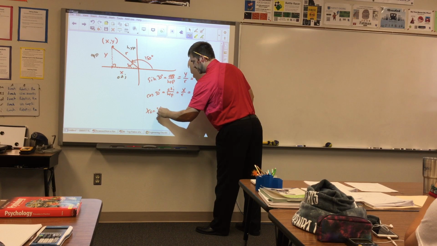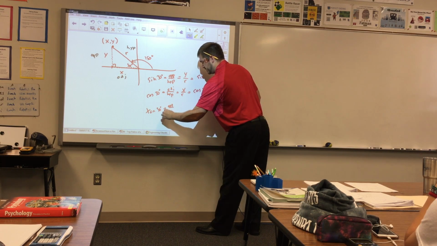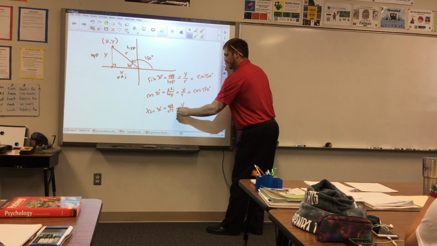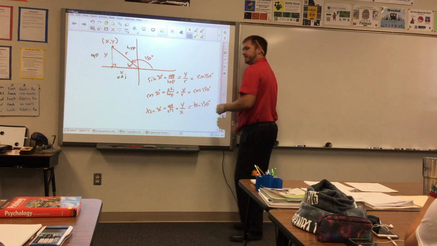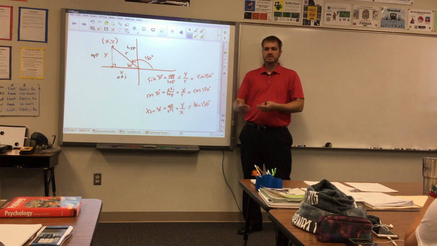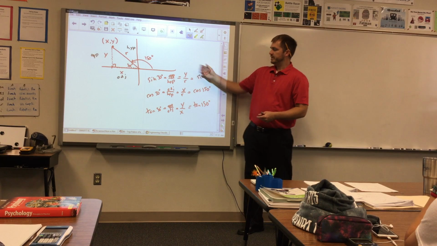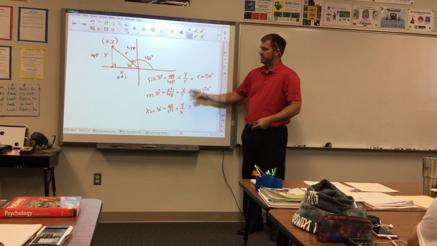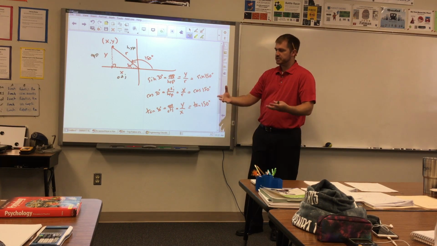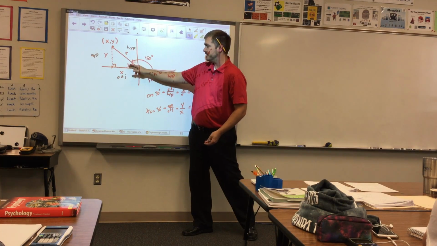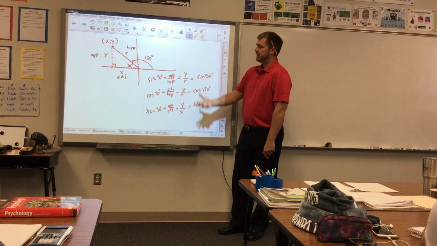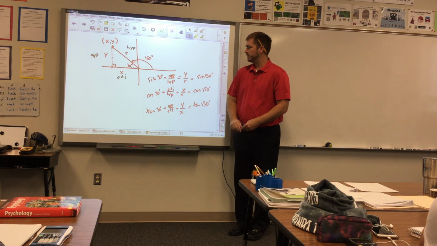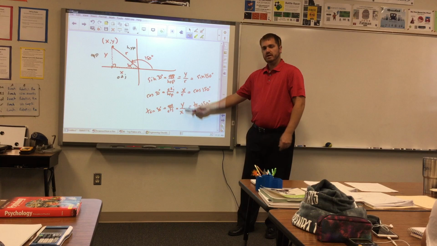Tangent, TOA, opposite over adjacent. On here, y over x. They've got to make some decisions. They're like, we want to be able to take sine, cosine, tangent, how are we going to do that? Okay, well, let's just rename it. There are a lot of relationships here between the 150 and the 30 because we've got that triangle right there. And that works out great for the second quadrant. Okay? y over r, x over r, and y over x.